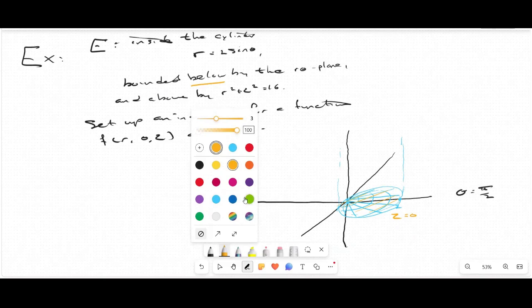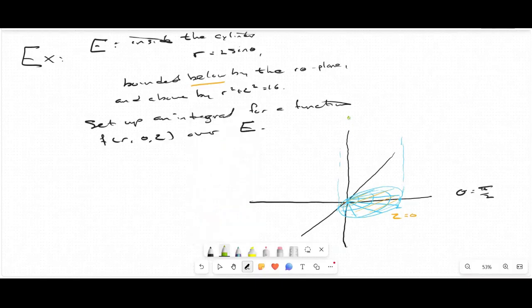And then I'm bounded above by the sphere of radius 4. So if this was 2, maybe 4 is right there. So there's a sphere here, and we are interested in the portion of that sphere that lies over this cylinder.